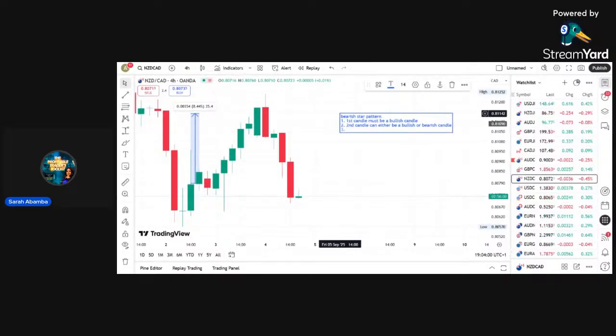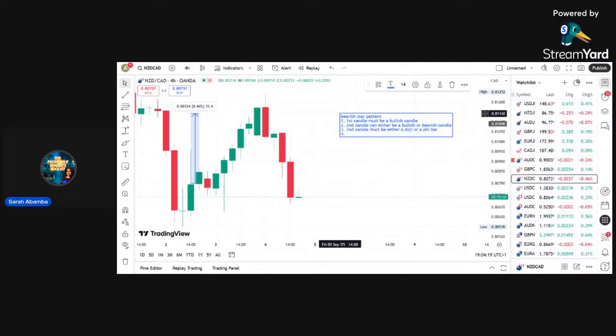The third, your second candle must be either a doji or a pin bar.